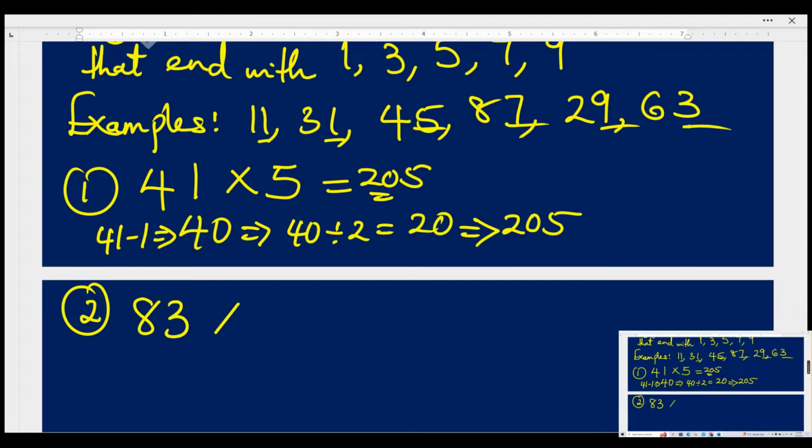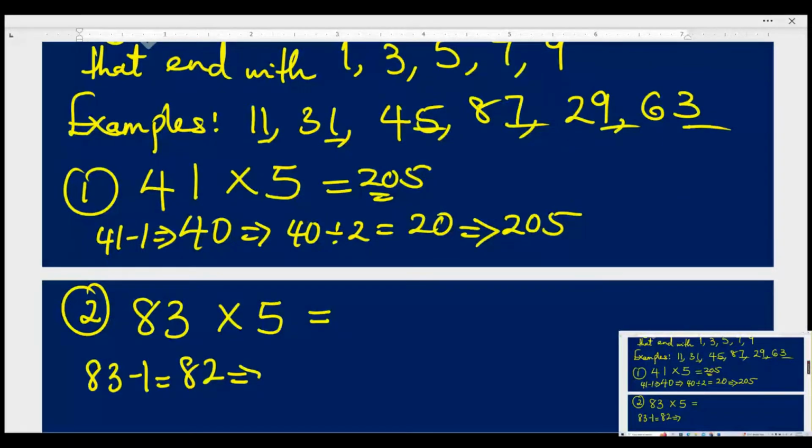What is 83 times 5? 83 is an odd number. So what is 83 times 5? The first thing you need to do is to subtract 1 from 83. That will give us 82. All right, so divide by 2, that will give us 41.